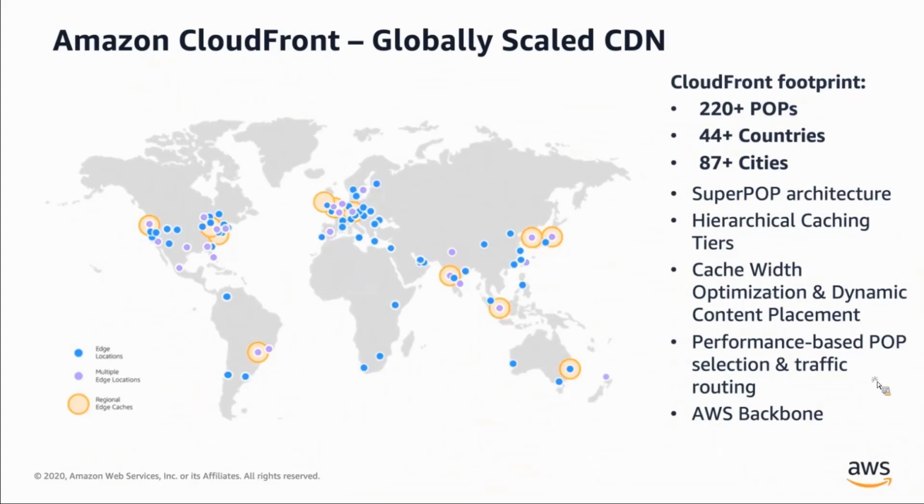We go to the major internet exchanges and things like that. We support techniques like hierarchical caching. So you have edge and parent tiers of caching. We have optimizations that really focus on cache width and cache retention and making sure that when a request comes in, there's a very high probability, over 95%, of getting a cache hit versus a cache miss.